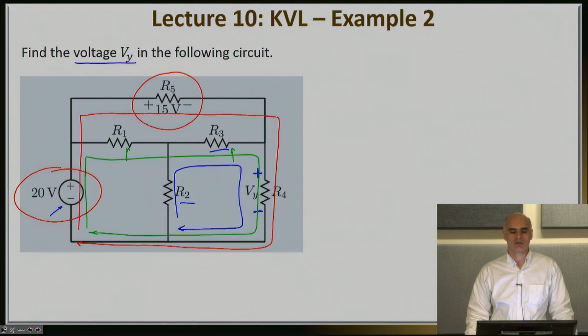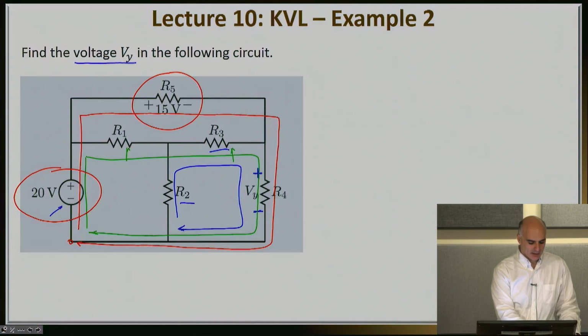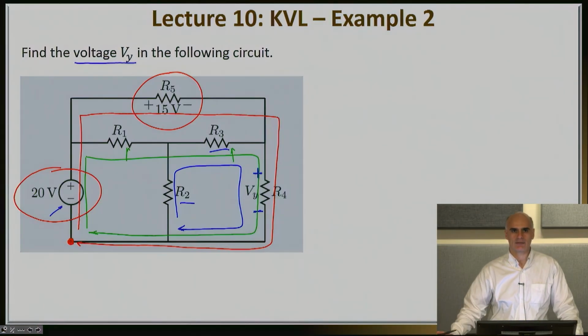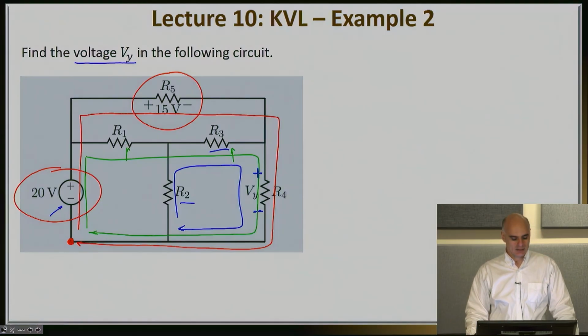So once again, I'm starting from my lowest left corner, which I just put on the circuit. I'm moving clockwise, exactly as shown by the red line. And then if I see the negative sign first, I put the voltage drop as negative. If I see the positive side first, I put the voltage drop as positive.